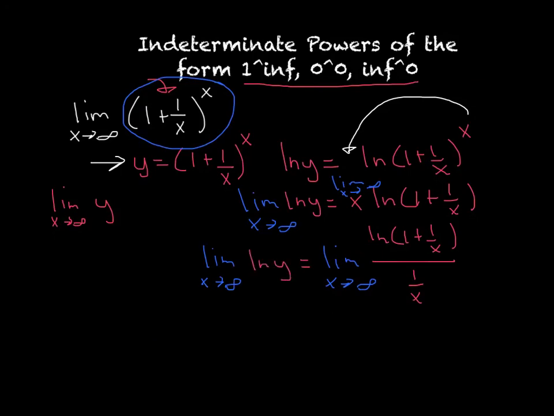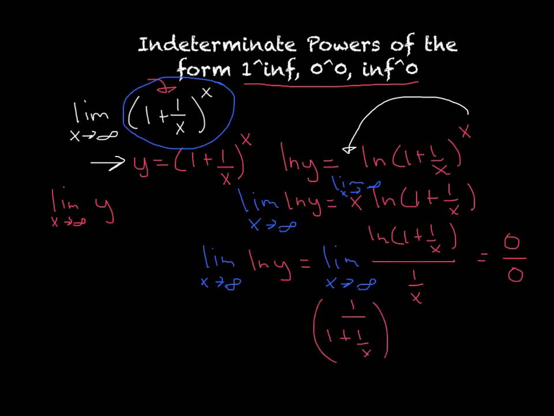All right, so on the right-hand side, we recognize that we have the natural log of 1, which is 0, over 1 over infinity, which is 0. So we can use L'Hopital's rule. We're going to take the derivative. The derivative of natural log is 1 over the stuff, times the derivative of the stuff.